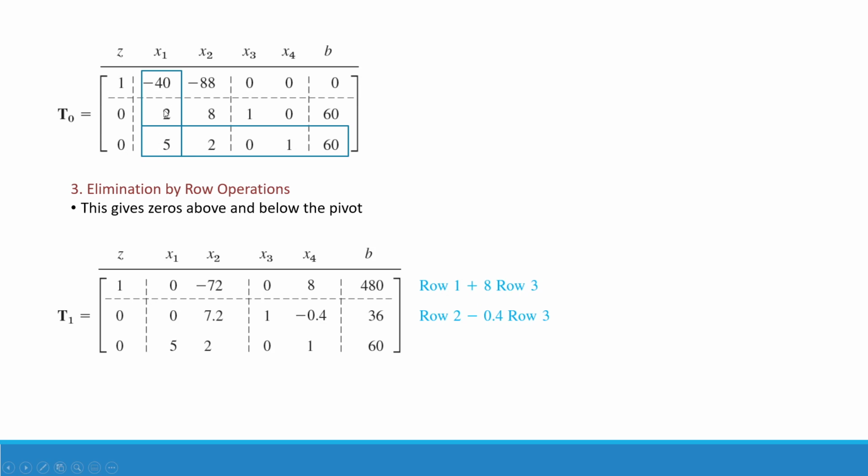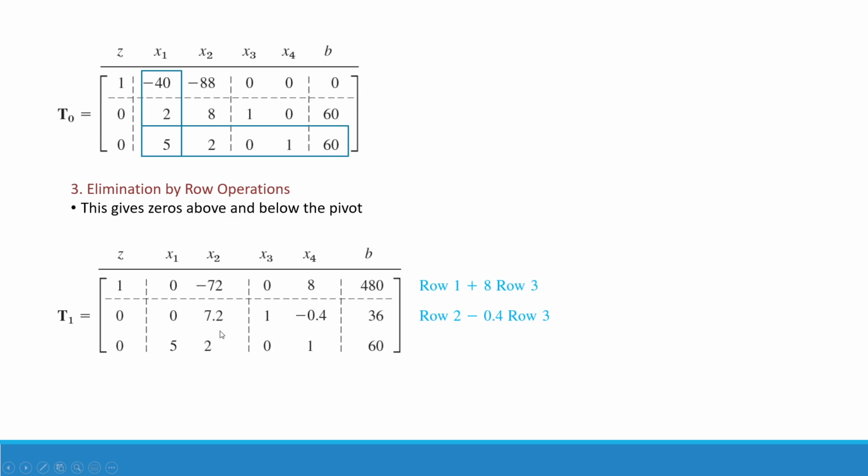We get 40 plus minus 40, which is 0, and we can do this with every line, and row 2 is row 2 minus 0.4 row 3, and we get this result.